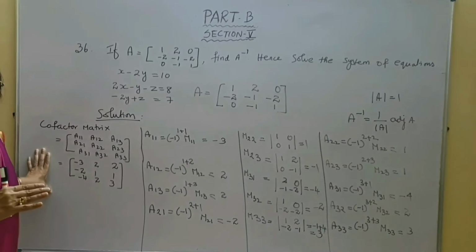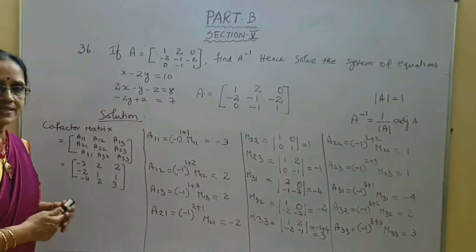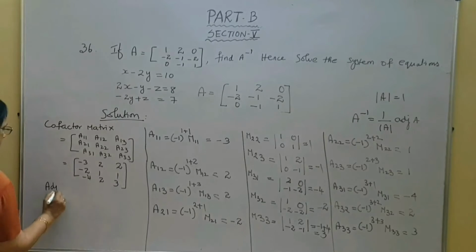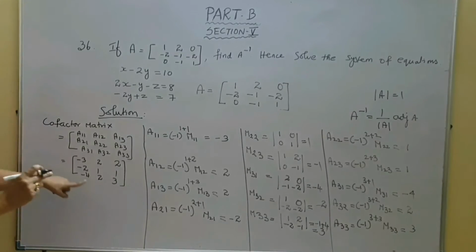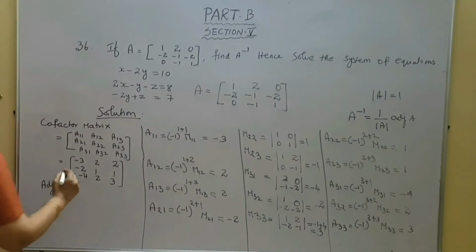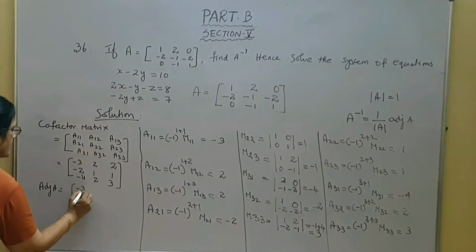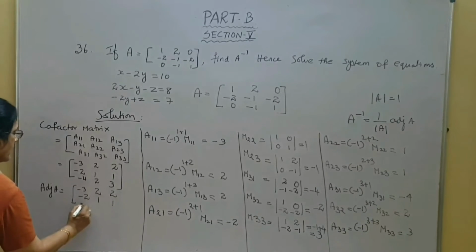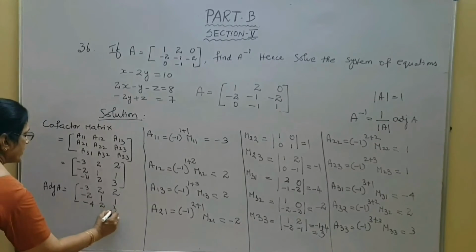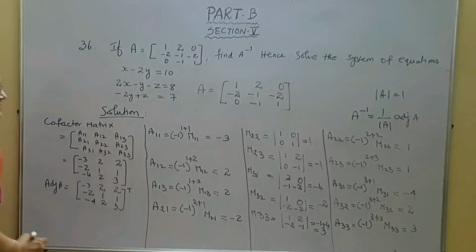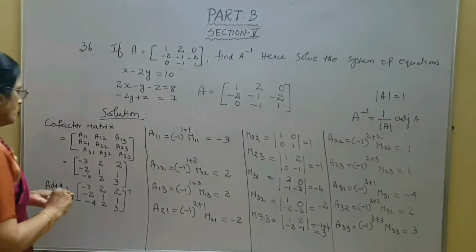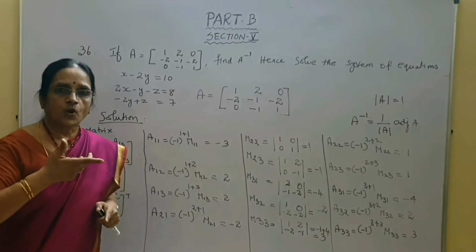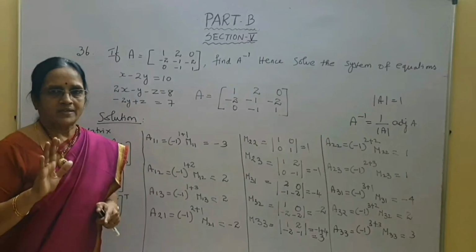It is easy for me to write adjoint of the matrix A. So adjoint of the matrix A is transpose of the cofactor matrix. That is minus 3, 2, 2, minus 2, 1, 1, minus 4, 2, 3, whole transpose. Now, you know that transpose of the matrix is obtained by interchanging the rows and columns of the given matrix.